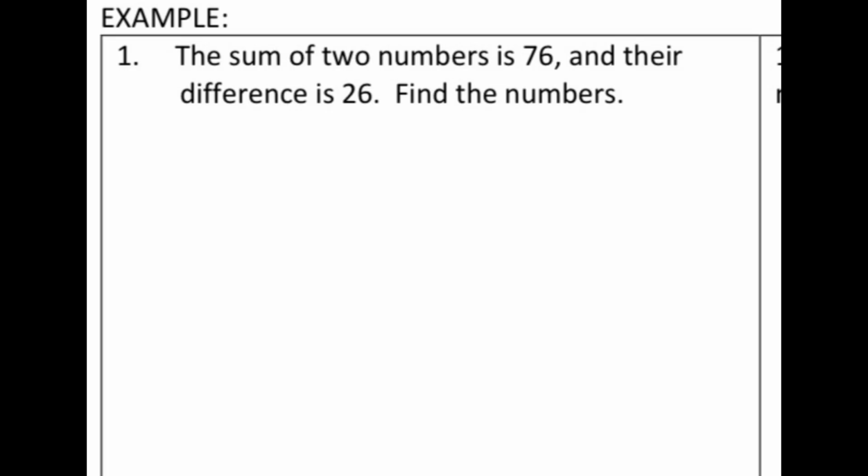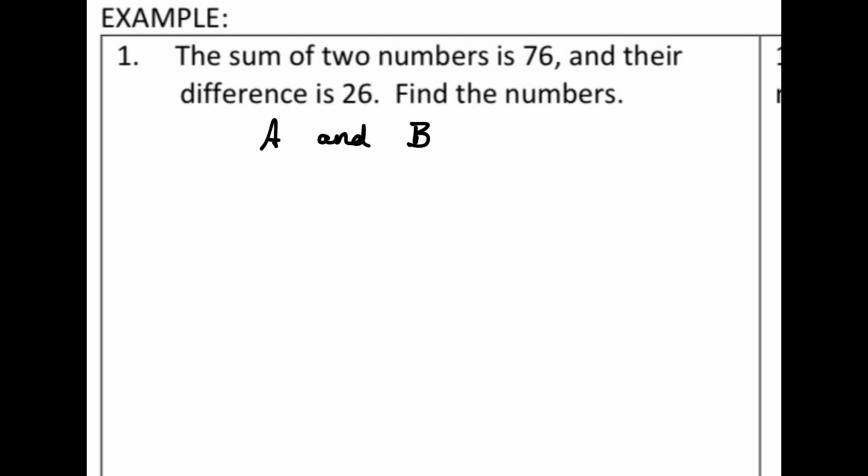So the sum of two numbers is 76, and their difference is 26. Find the numbers. So first of all, we have two numbers. Let's be different and call them A and B. So A and B are my two numbers.